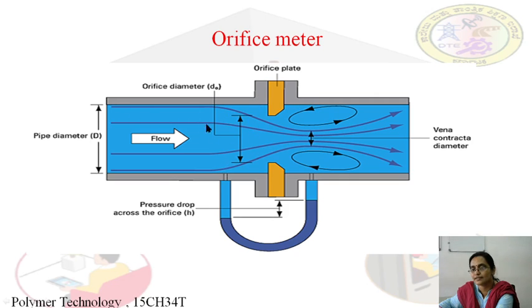It is accelerated in the orifice plate and at a point it attains maximum velocity. This point is called the vena contracta, and then it is decelerated. At these two points, the high pressure and low pressure areas, a pressure drop across the orifice is noted, and this is termed as H.